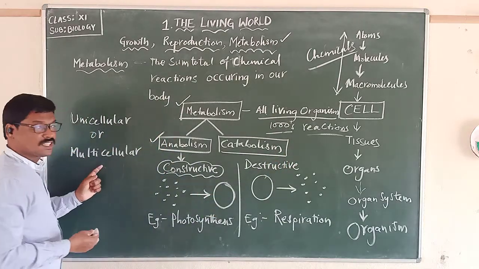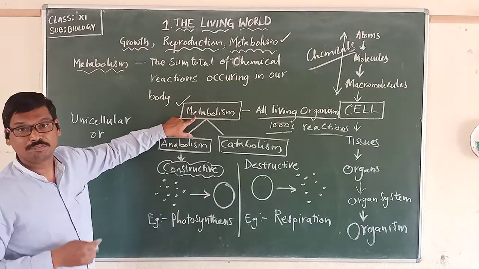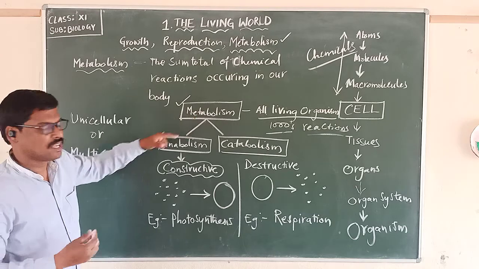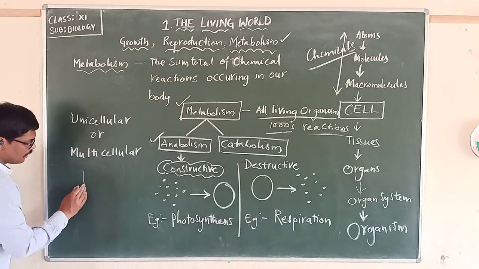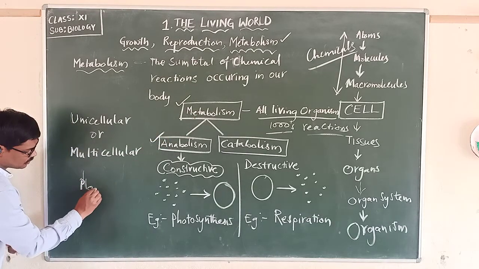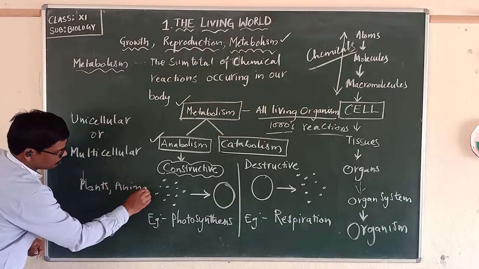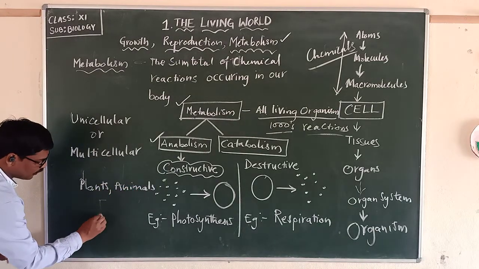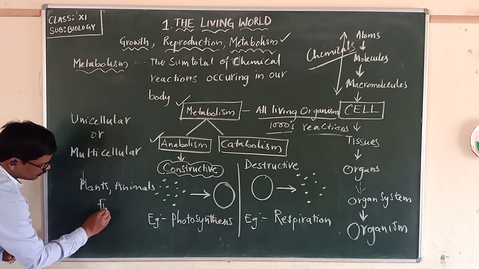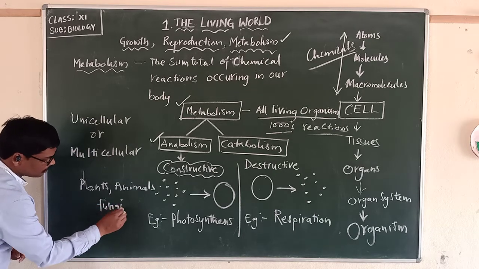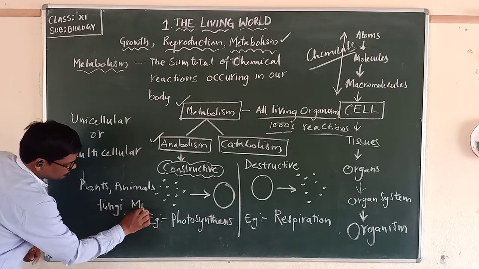In all these, there are several thousands of metabolic reactions taking place. Let it be plants, it may be animals, any type of animal, or it may be fungi, or different types of microbes.